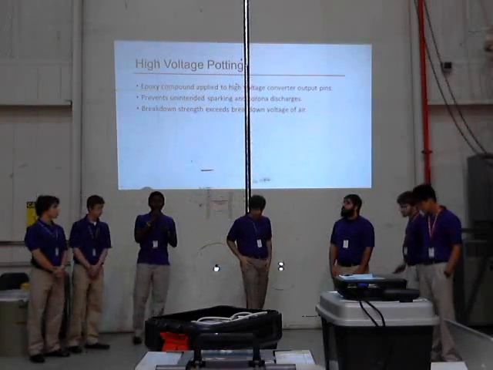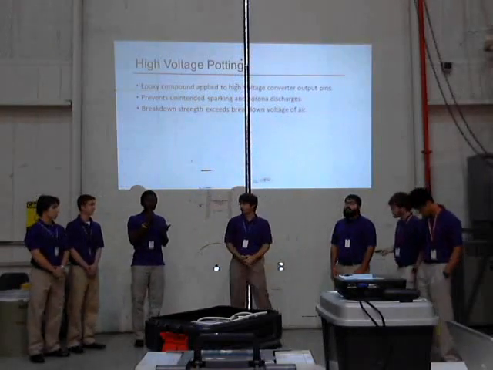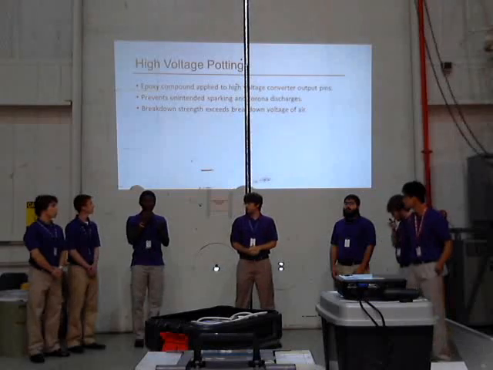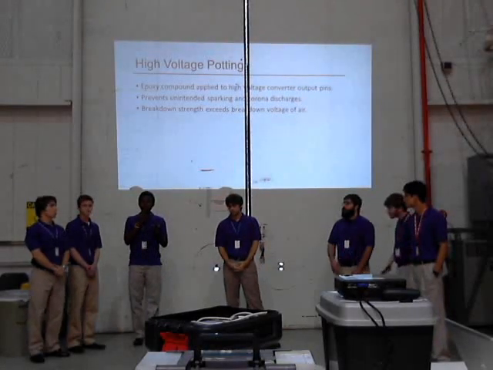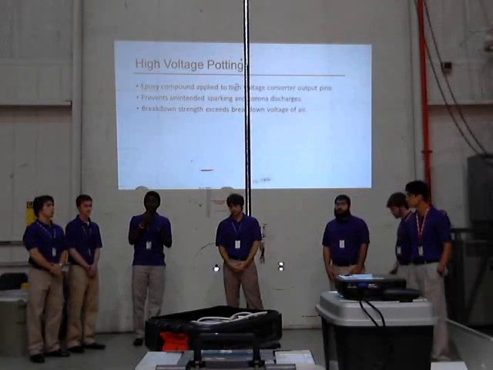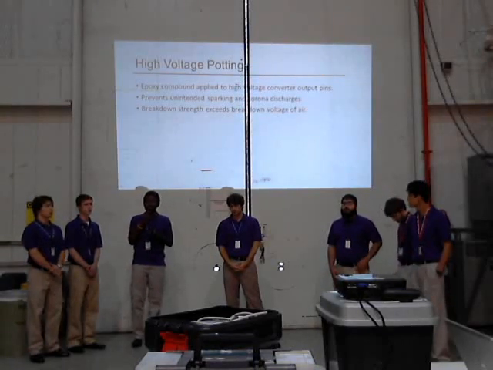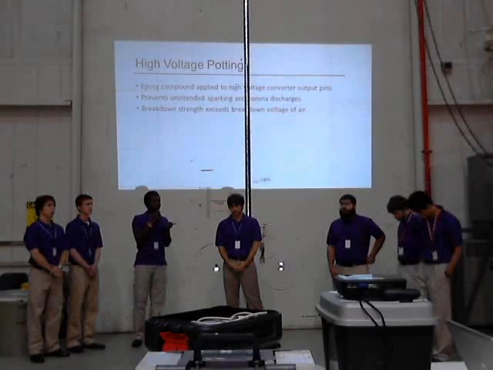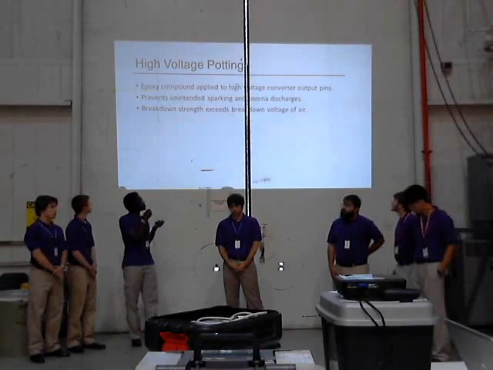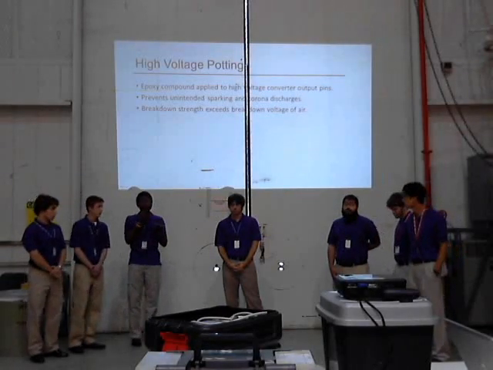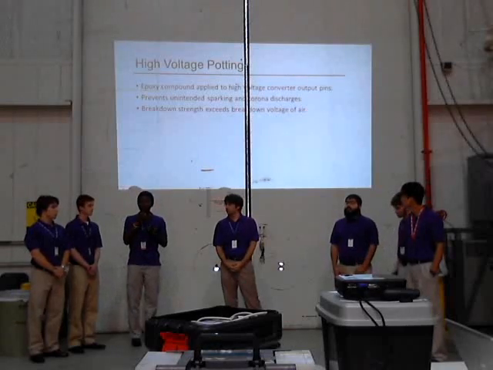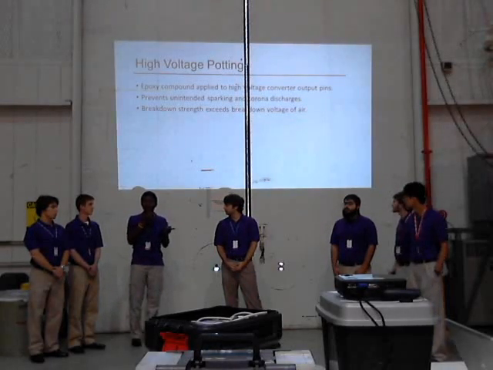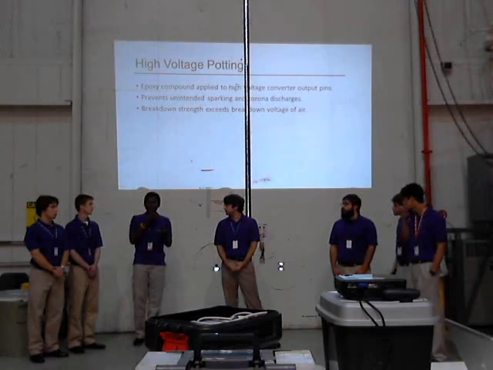Okay, so for the high voltage potting compound, we used an epoxy resin. We chose this pretty much because, for one, it's not exothermic. Some of the other ones we tried gave off a lot of heat, but this one didn't. It also has a long work life, it doesn't corrode the copper, and it's not chemically reactive with any of the things on our spark gap.